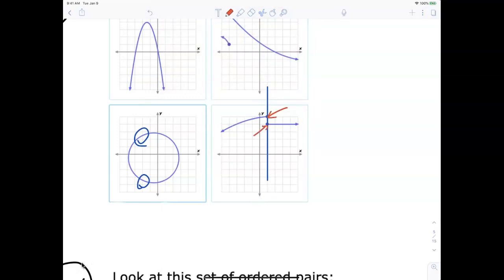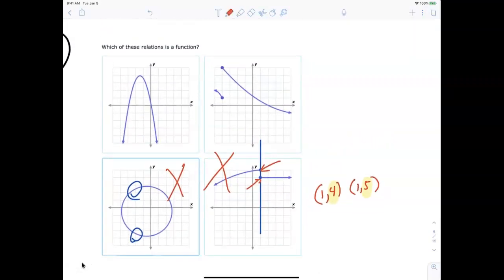If I were graphing that, that'd be 1, 4 and 1, 5. That would not pass the vertical line test because when x is 1, the y value could be either 4 or 5. So that's definitely not a function.